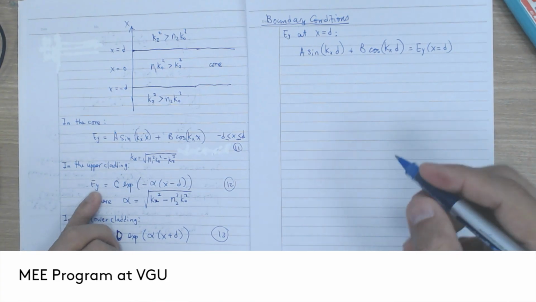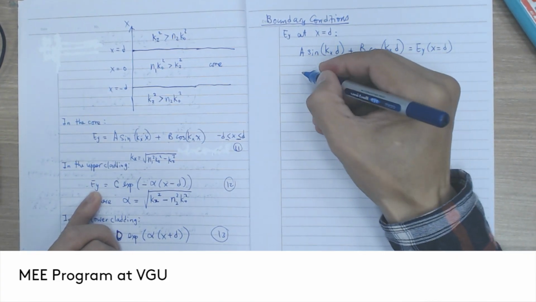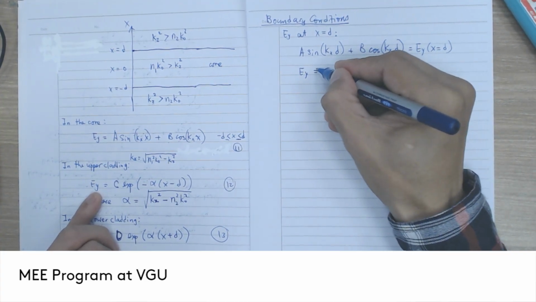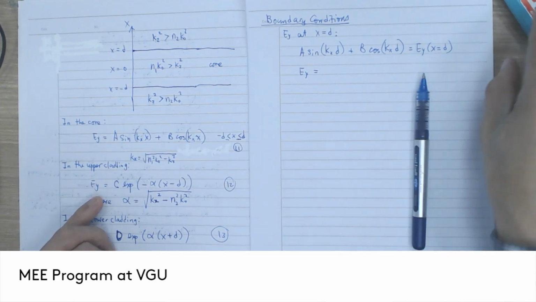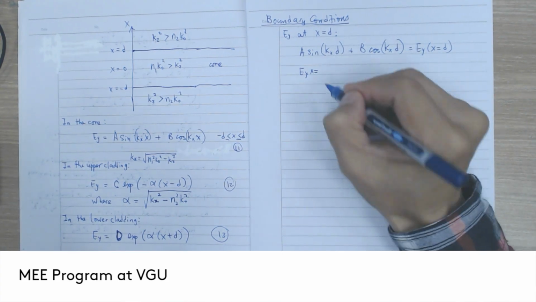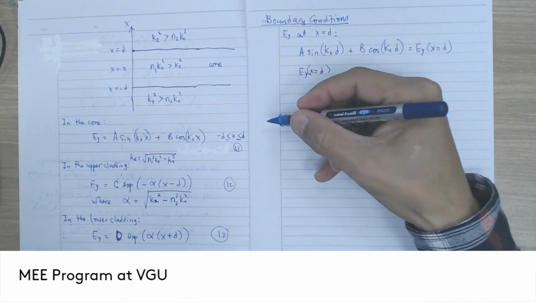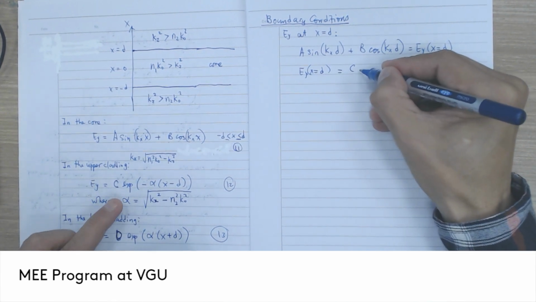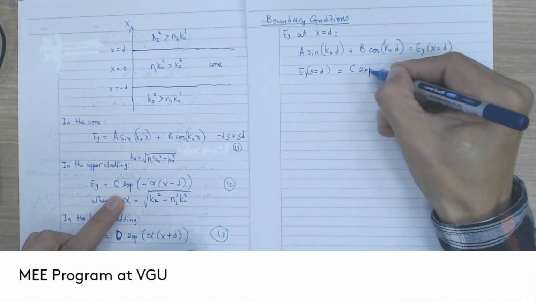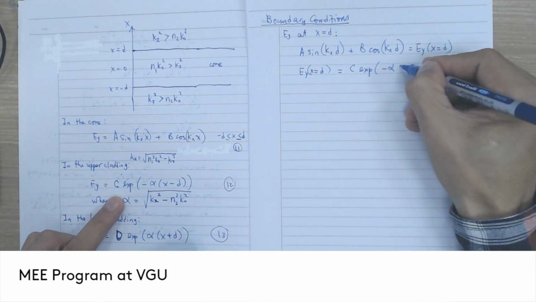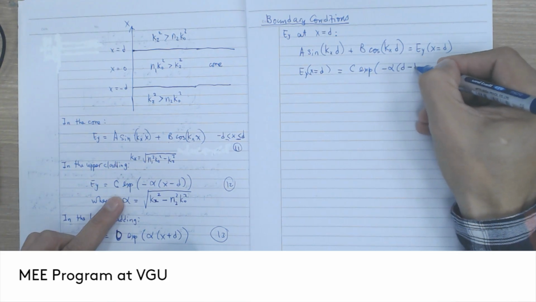And E of y is equal to, again looking from the cladding, c e to the minus alpha times d minus d.